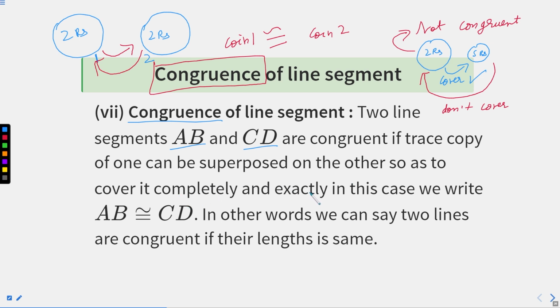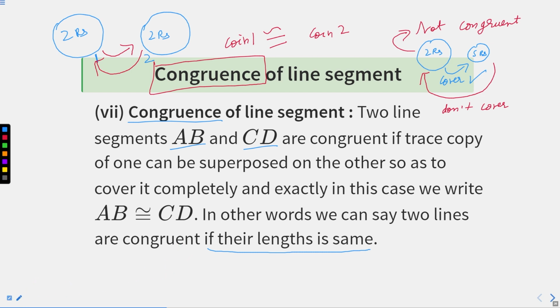In this case we write AB is congruent to CD. In other words, two line segments are congruent if their lengths are the same.